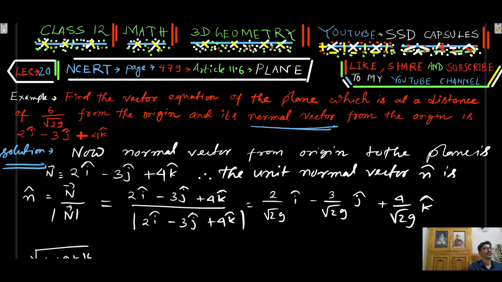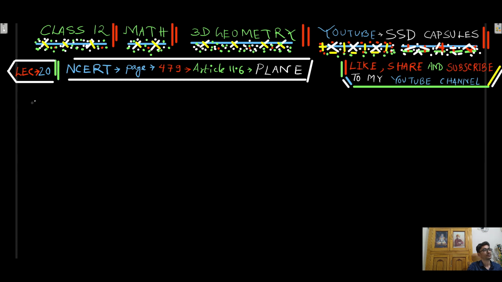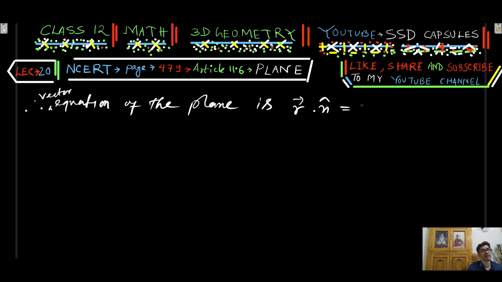So the vector equation of the plane is r vector dot n cap equal to d.